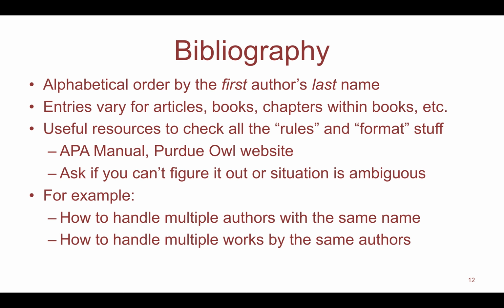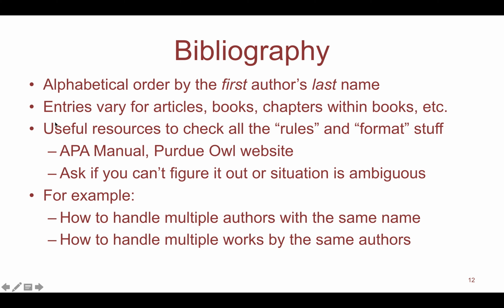If the situation is ambiguous, for example, if you have multiple authors with the same name and you're not sure how to put it in alphabetical order, or if you have multiple works by the exact same authors and maybe even in the same year, it can be hard to figure out how to put them in alphabetical order.